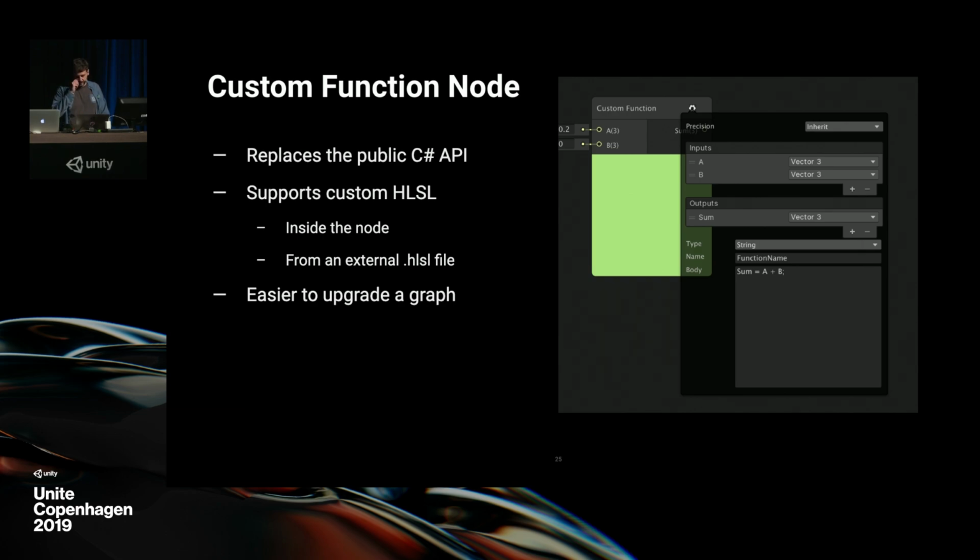With this one, if you were to upgrade the graph, you will only need to make sure that the HLSL is still working. But again, as both Universal Render Pipeline and HDRP came out of preview, you can also be a bit more sure that your HLSL will still work.